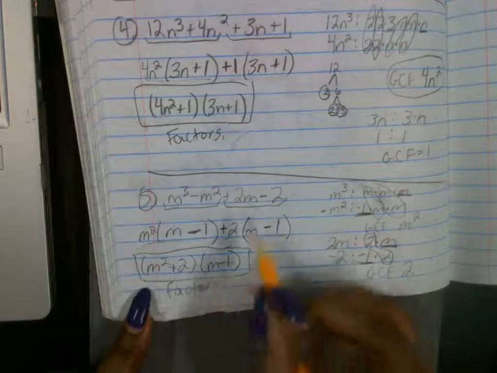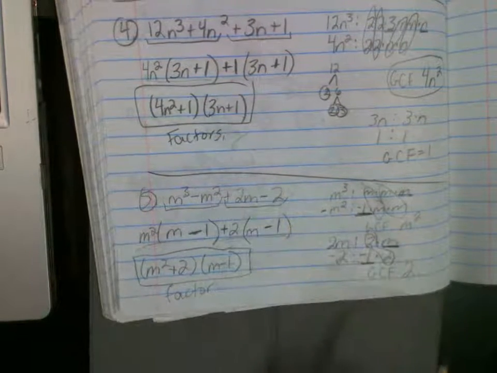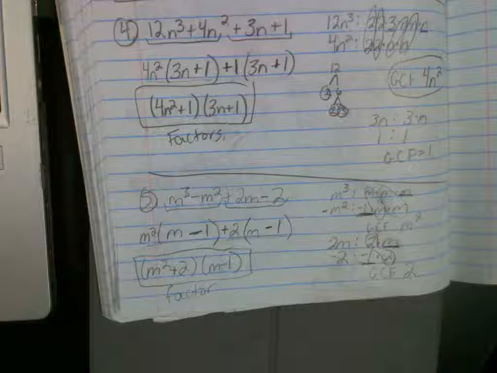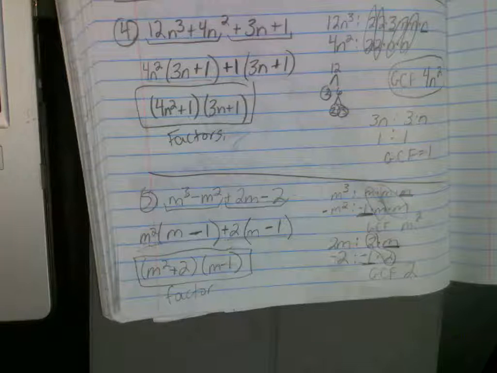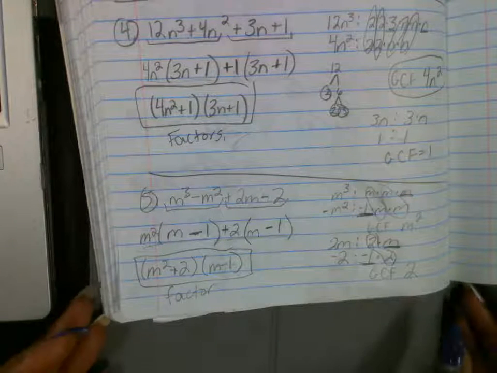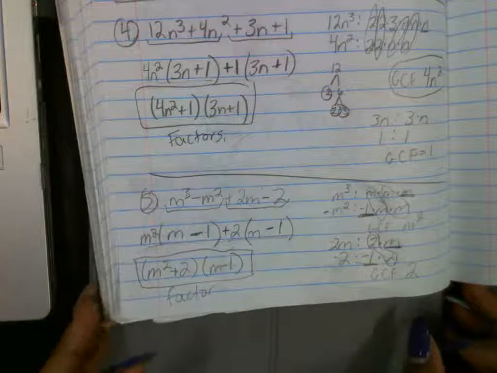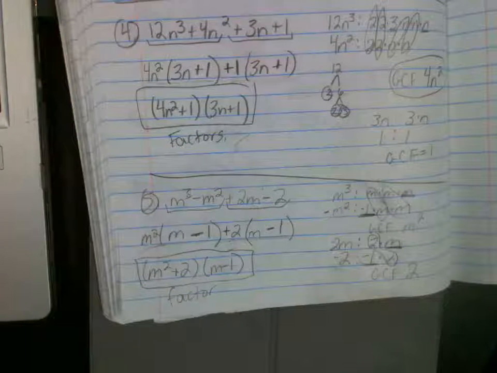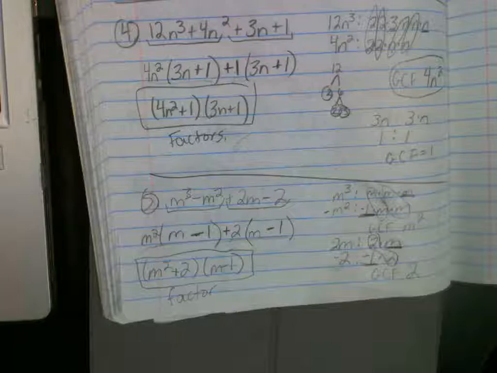So these are the two factors for this polynomial. Any questions about that? Anyone still copying? Okay. We'll pause. Try number 6 while we're waiting, please. Number 6, okay?